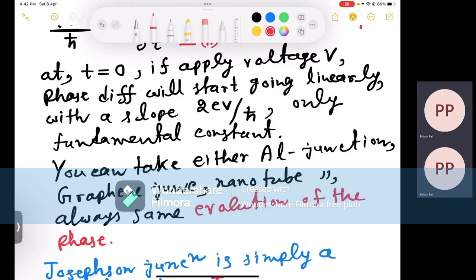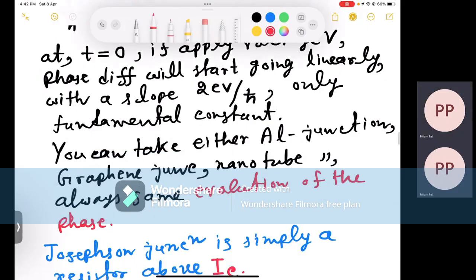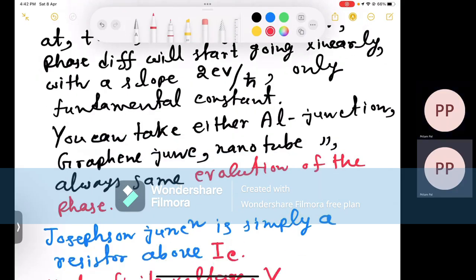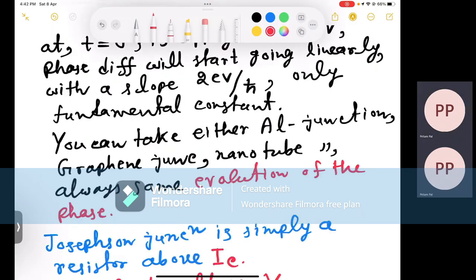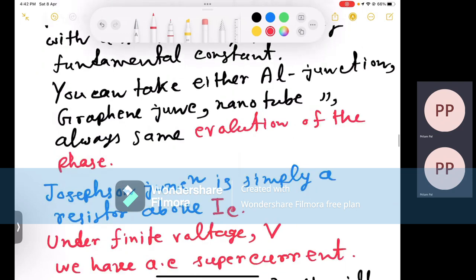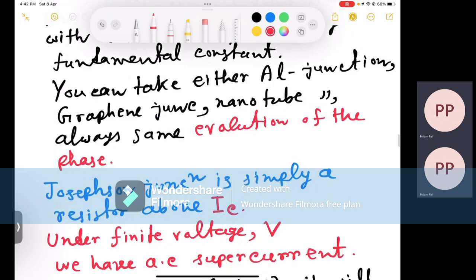You can take either an aluminum junction, graphene junction, nanotube junction, whatever, but the phase evolution will only depend on the fundamental constants and whatever voltage we are applying. It's completely blind to the material we are using. This effect is universal. That's the beauty of the Josephson effect.